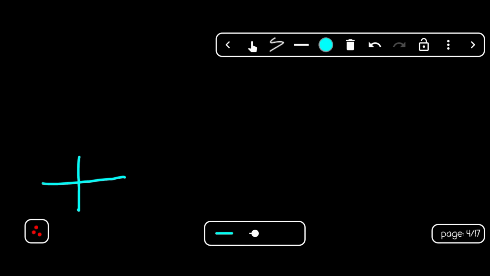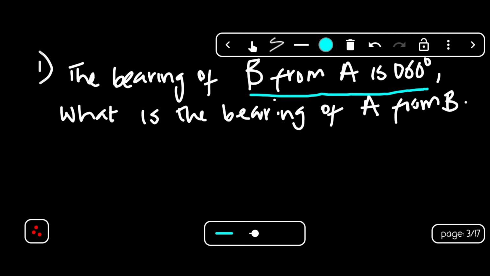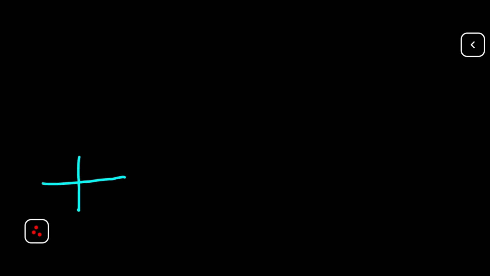This is the bearing of B from A. So this will be A, and the bearing of B, which we do not know yet, so let's just put B here. The bearing of B is 60 degrees. So we're going to draw it.